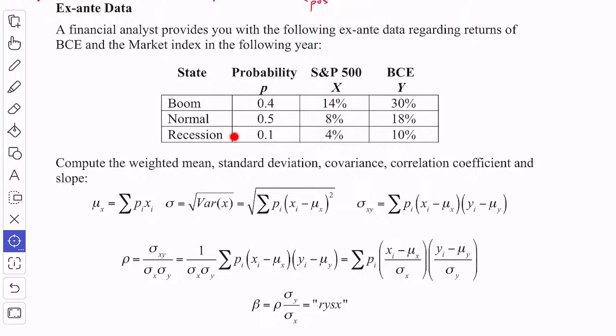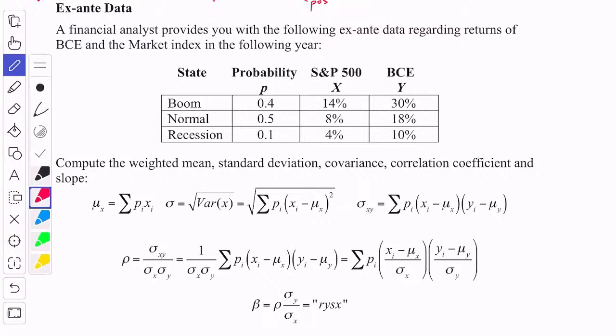Now, I've only given 3 states of the world. In fact, in finance, we use a distribution that is continuous, not a discrete one. But we don't do that in this course because I don't get to assume you know calculus, unfortunately.